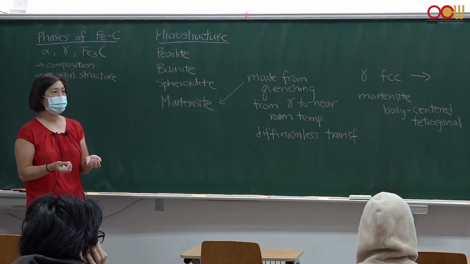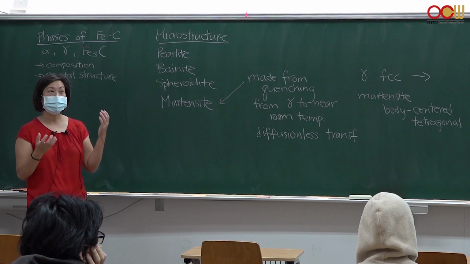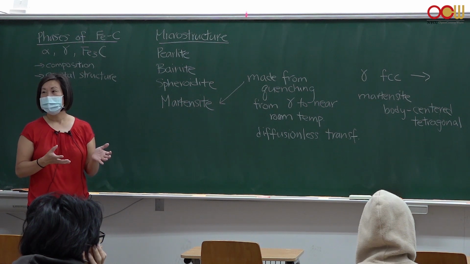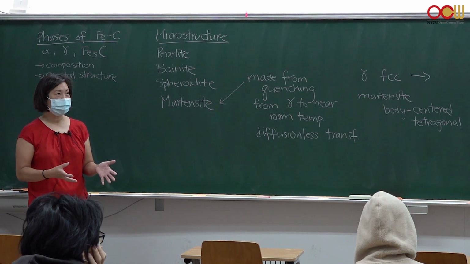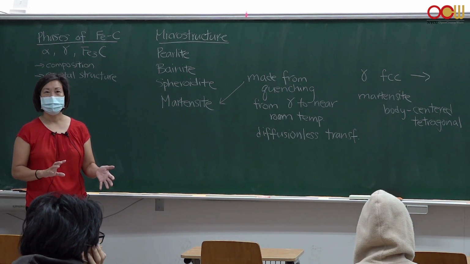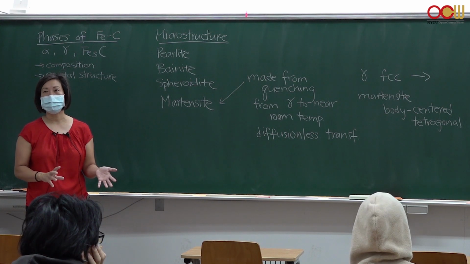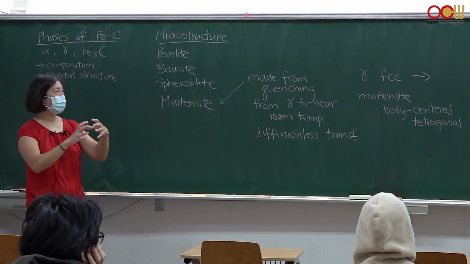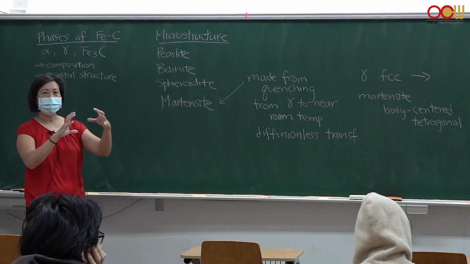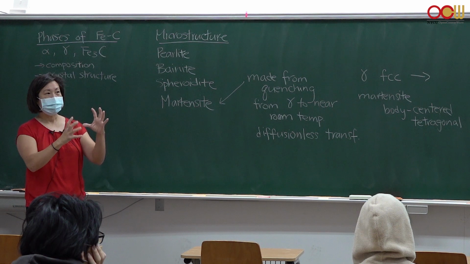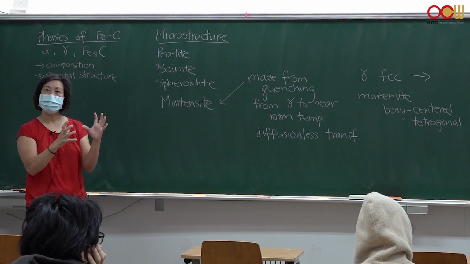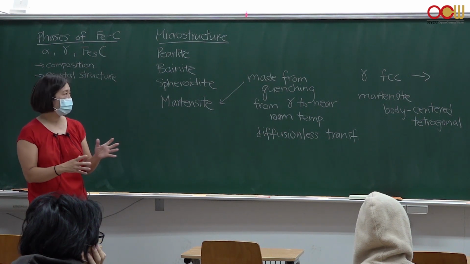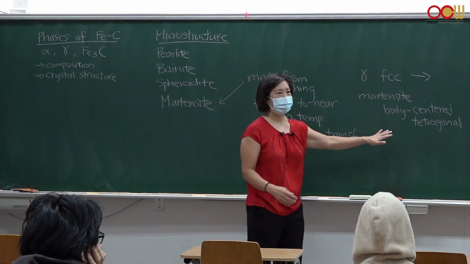But austenite is still unstable. It's still existing at a very high energy state. So it wants to do something else, but it doesn't have the energy for diffusion to occur. Atoms can't move, or can't move much. So what happens is that the entire material shifts just slightly to a slightly more energetically favorable crystal structure, which is body-centered tetragonal.